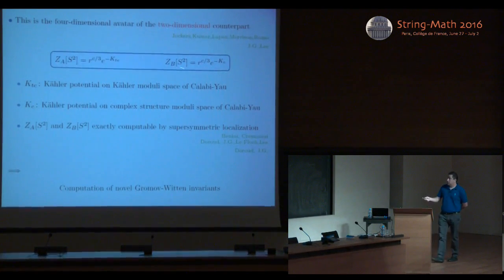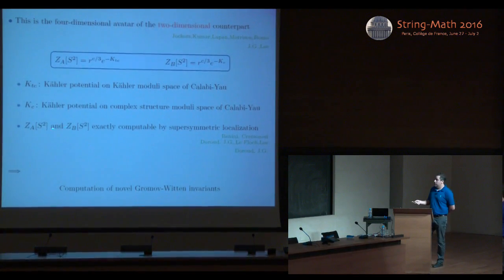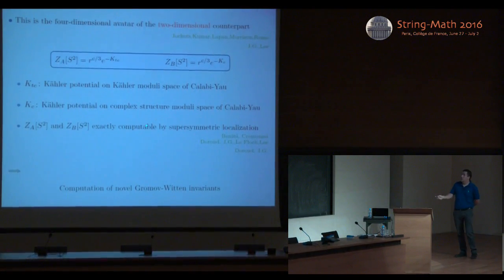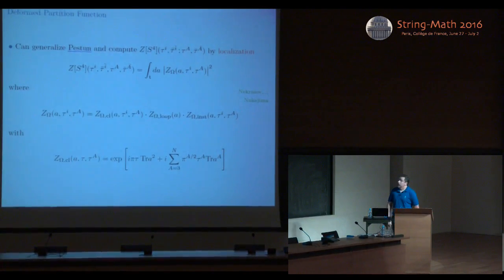And in this case also, since we know how to compute exactly by supersymmetric localization both types of partition functions, this gives you a way of computing these metrics on Calabi-Yau moduli spaces. And an interesting application of all of this was a new way of computing old and new Gromov-Witten invariants for Calabi-Yau manifolds.